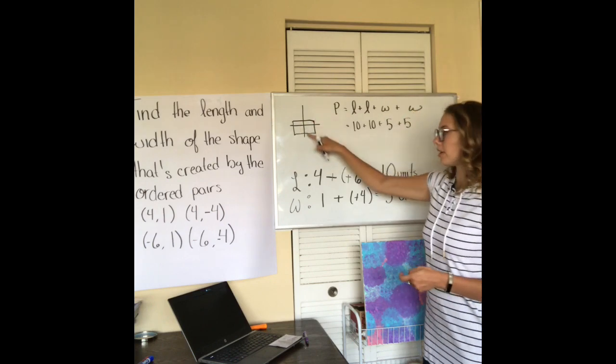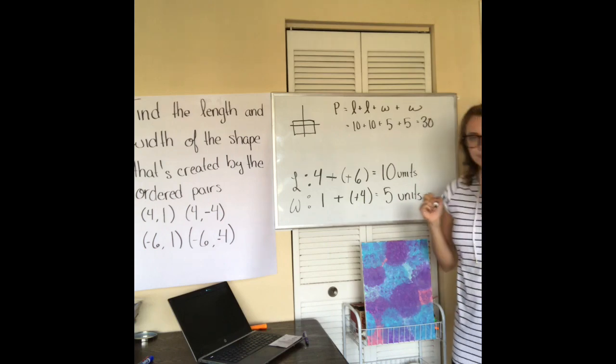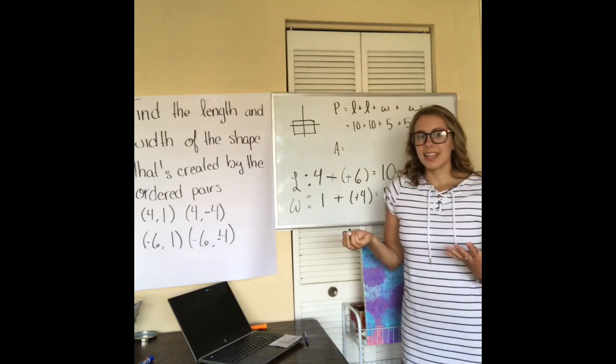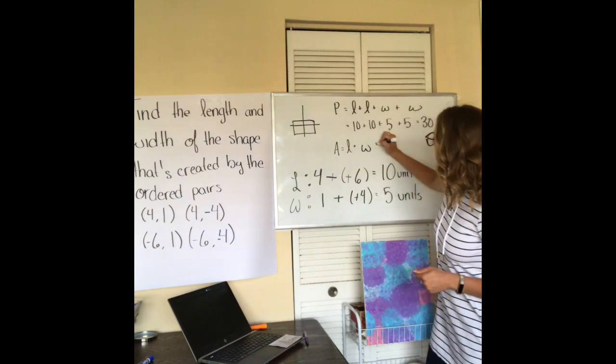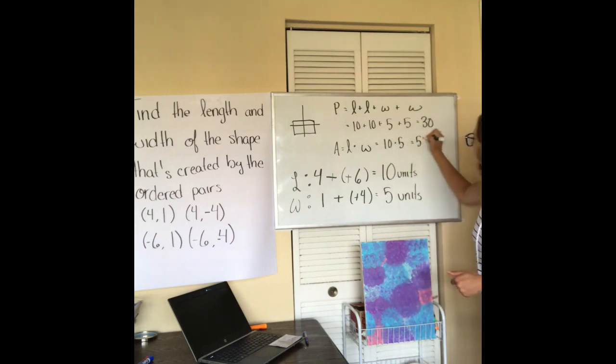So the perimeter of this shape would be 30 units. I could also find the area of this shape. My area is length times width, which is 10 times 5, which is 50 units squared. And perimeter would just be units.